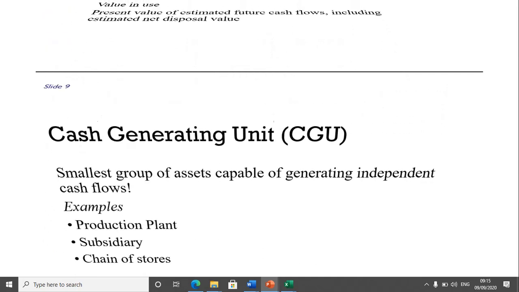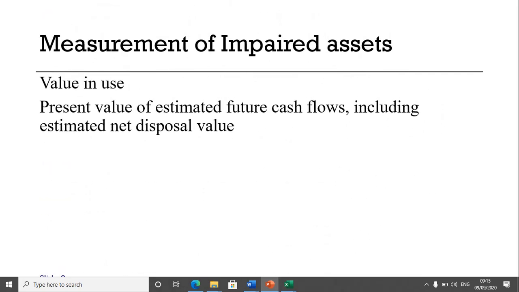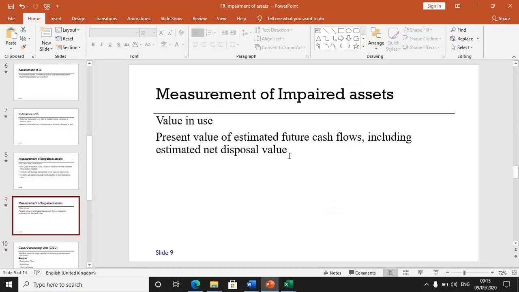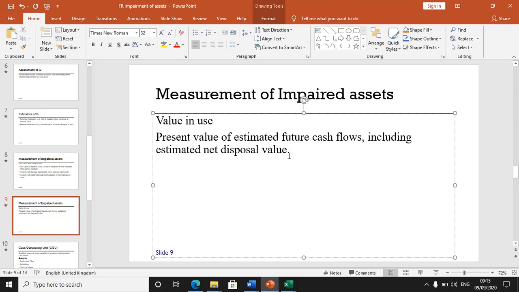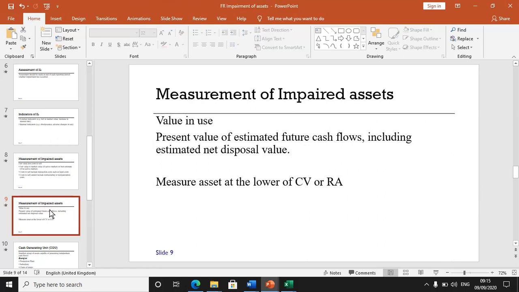Okay, so again, our assets which are impaired should be measured at the lower of, so measure assets at the lower of, so I'm going to give you this one, at the lower of the carrying value and the recoverable amount. So we have discussed the recoverable amount.